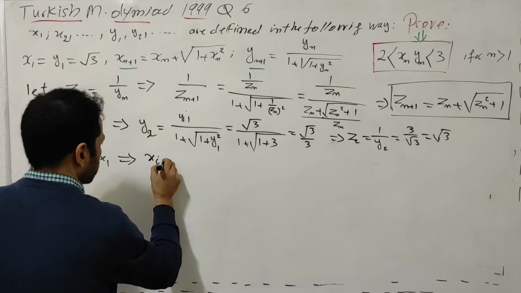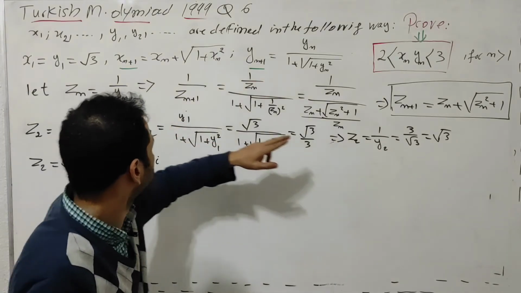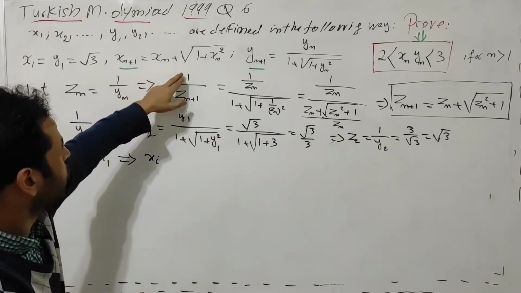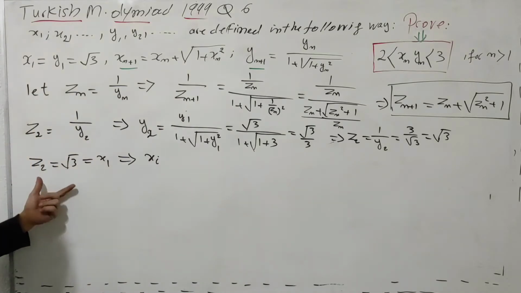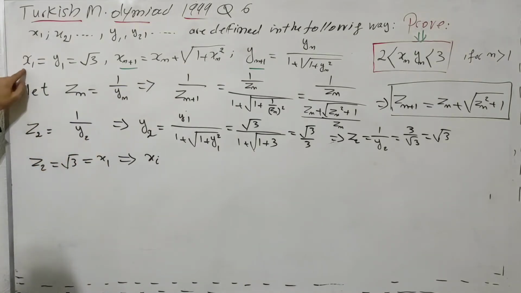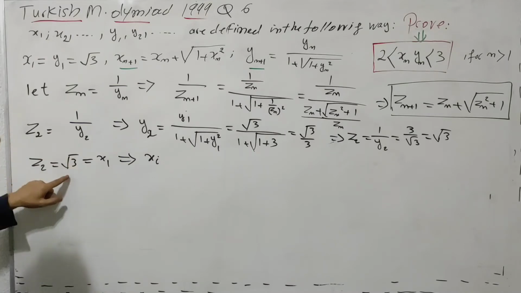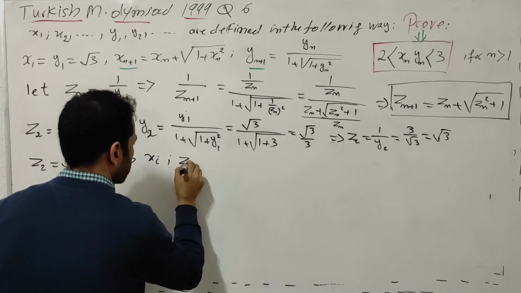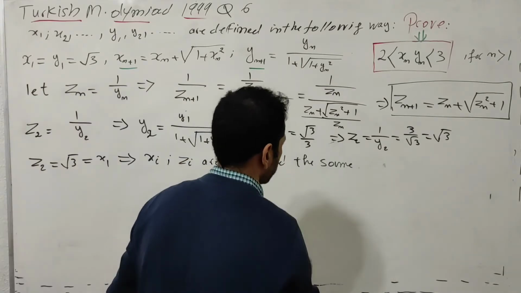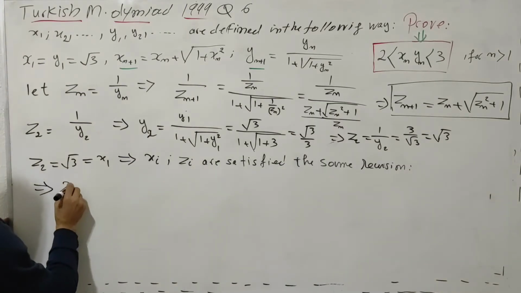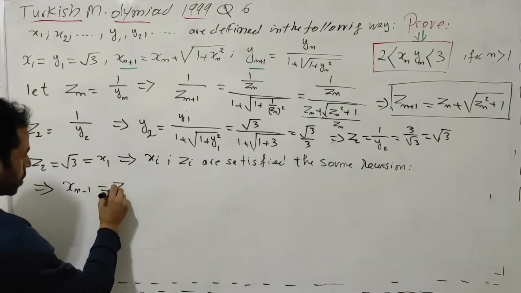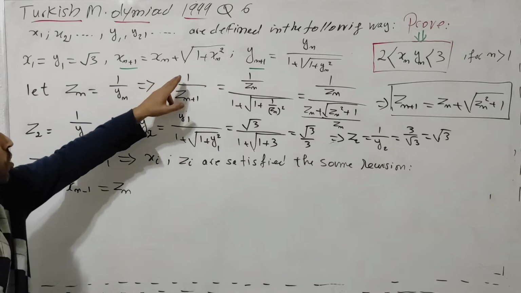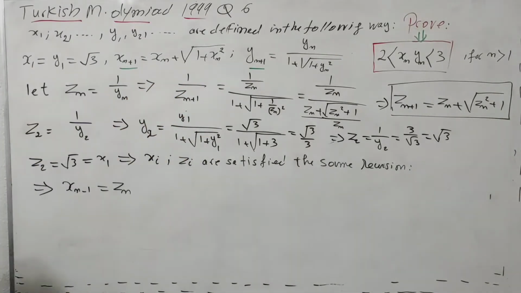As you see, z sub n plus 1 and x sub n plus 1 are written in the same form, and they have the same first term, z2 equal to x1. This implies the sequences x sub i and z sub i satisfy the same recursion. This implies x sub n minus 1 equal to z sub n, because we found z2 equal to x1 and they are written in the same form of a recursion sequence.